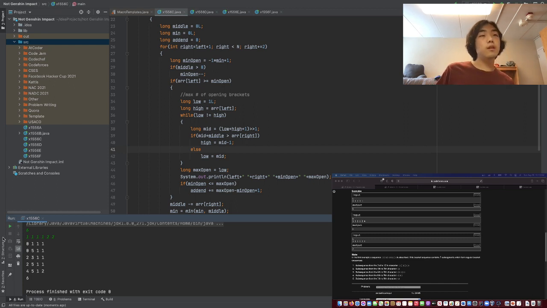Yeah, okay, if it's indexed from 0 to 1, wait, what about 0 to 3? Why isn't that registering? 0 to 3, for minimum delta is equal to 0. Yeah, that means we just need at least one bracket sequence. Oh, is it middle greater than or equal to?